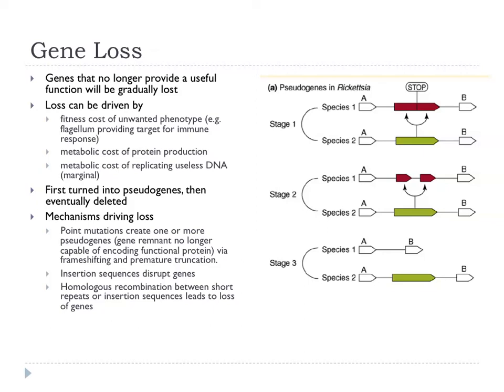A pseudogene is a protein coding gene that is no longer capable of producing a functional protein. If you stick a stop codon halfway through a gene, or frame shift the gene, you might get a little bit of peptide produced, but it won't be a functional protein anymore. Then slowly those bits of sequence accumulate more mutations.